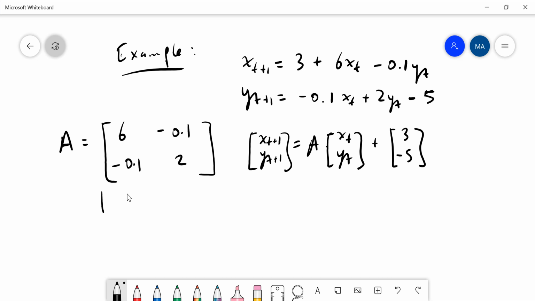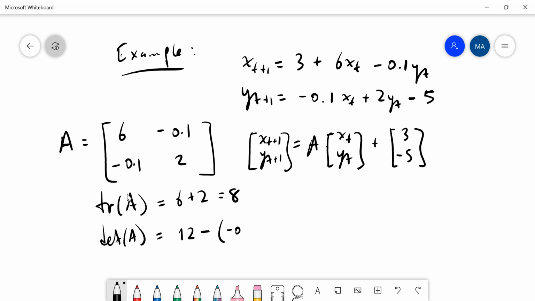Okay, so the trace is what? 6 plus 2, it is equal to 8, and the determinant is what? 12 minus 0.01, so it is 11.99? Yeah.